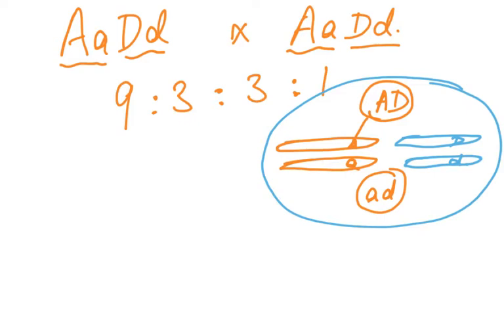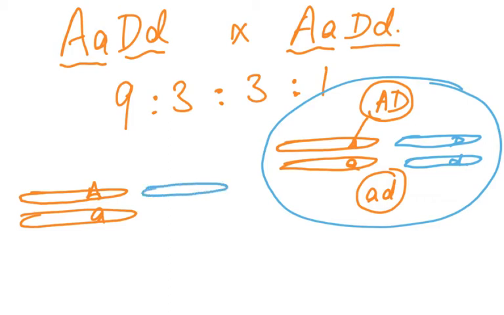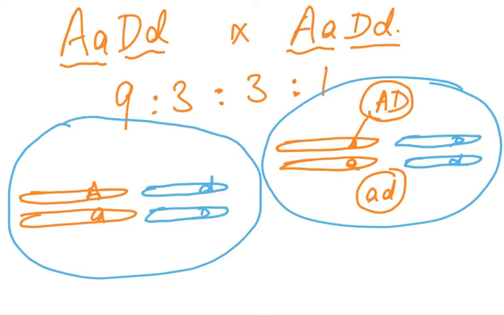In another situation, big A can be here and small a can be here, and now they align separately. This is of course called independent assortment, which happens at metaphase 1.